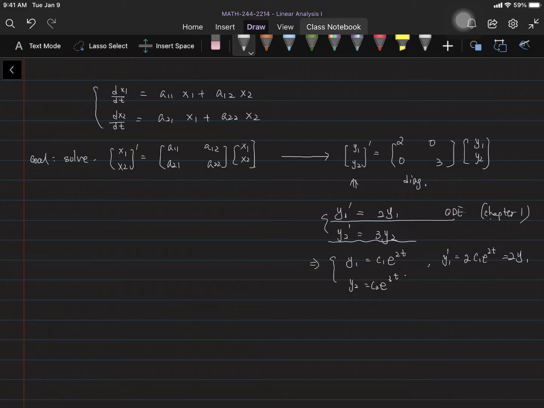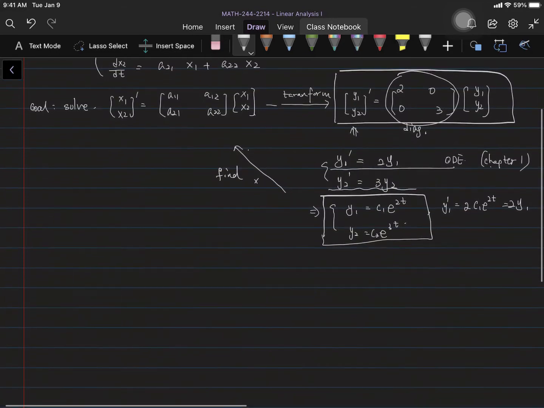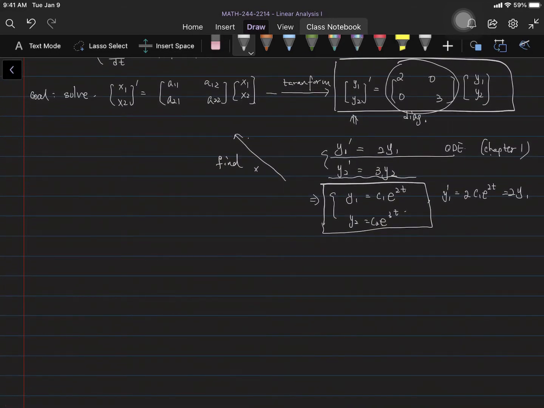If our linear system looks like this with a diagonal matrix, we can solve it easily. So our goal is to do some transform to change our system into this kind of system, and after we find the solution, we transform back and find x. So that's a little idea.